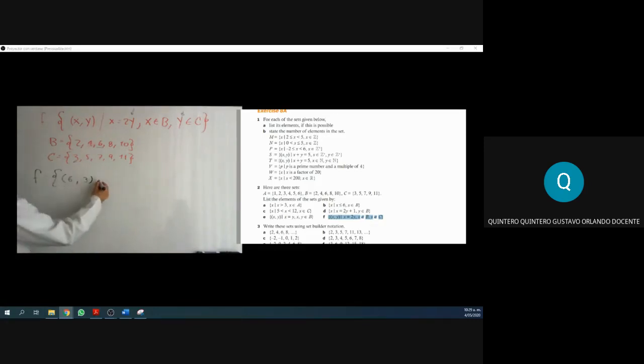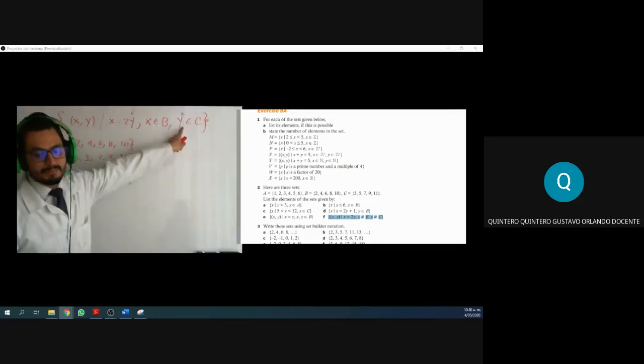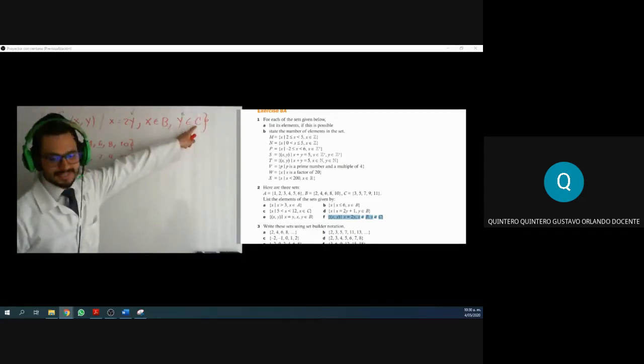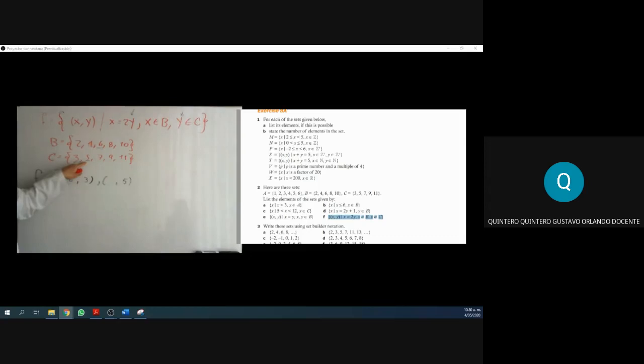Now we separate elements with a comma. So comma and then another pair. Let's think about another one. Of course, let's go in an organized way. So let's work with 5. If I write a 5 here, I am working with the third characteristic. I am selecting a number from the set C, the number 5. What will be the x value for this one? The x value will be 10, right? Because we know x is twice y.